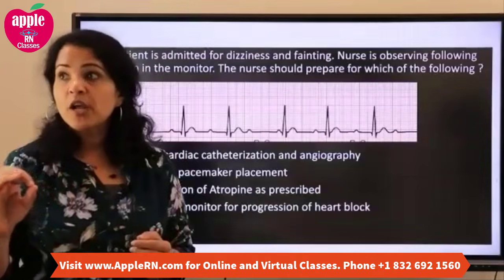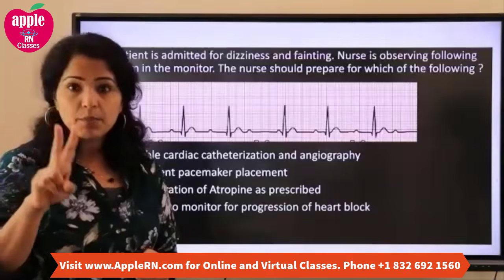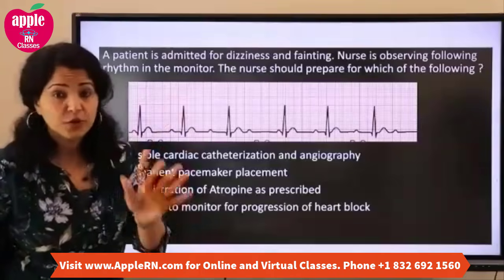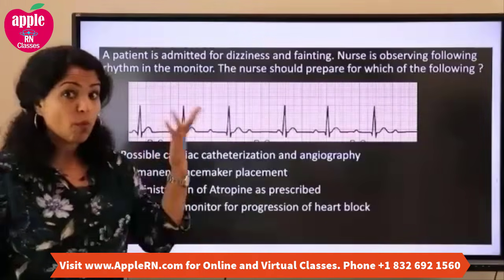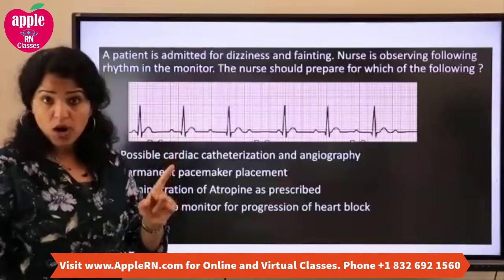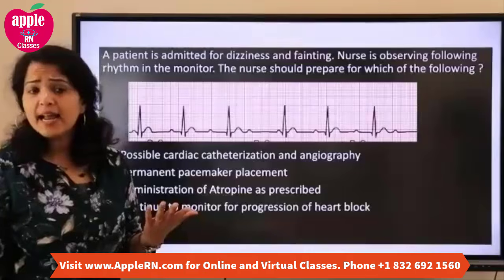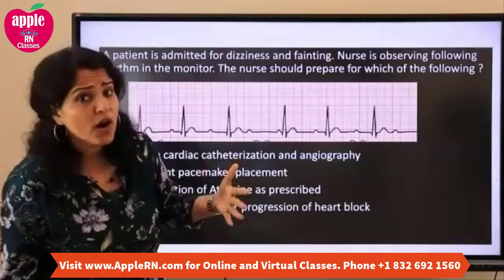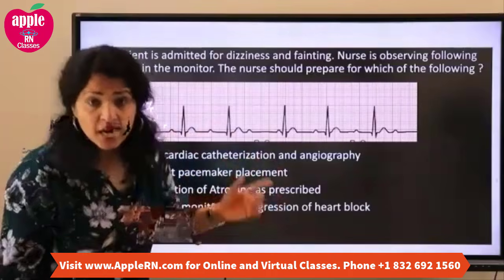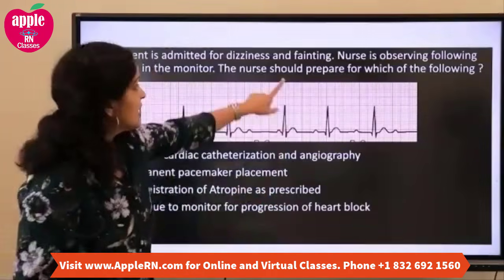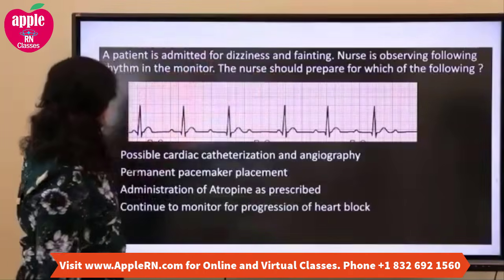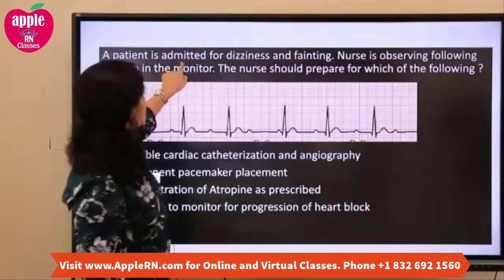And those of you who did number 2 or number 4, I understand you. I know what your thinking process probably was, because you were thinking, this is second degree type 1. And we said, if it is second degree type 1, sometimes there is no problem. We will just continue to monitor. But the problem here is the patient is already having symptoms.